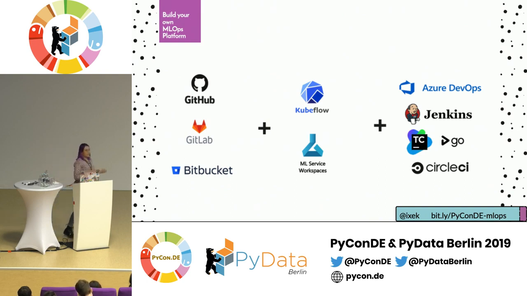Then if you're using things like Kubeflow or machine learning services, or machine learning workspaces in Azure, that also works. And then you can integrate that with Azure DevOps or Jenkins or Circle CI or GitHub Actions to give you the capabilities of continuous integration and continuous delivery.